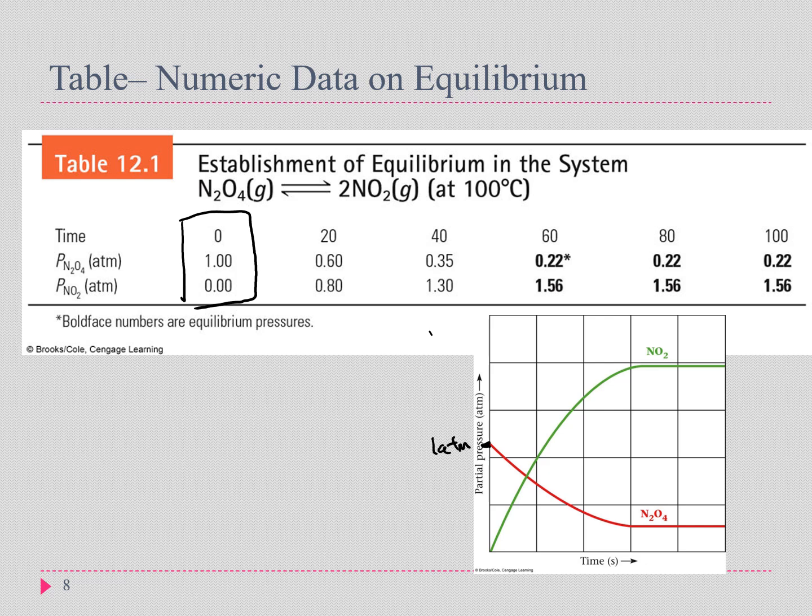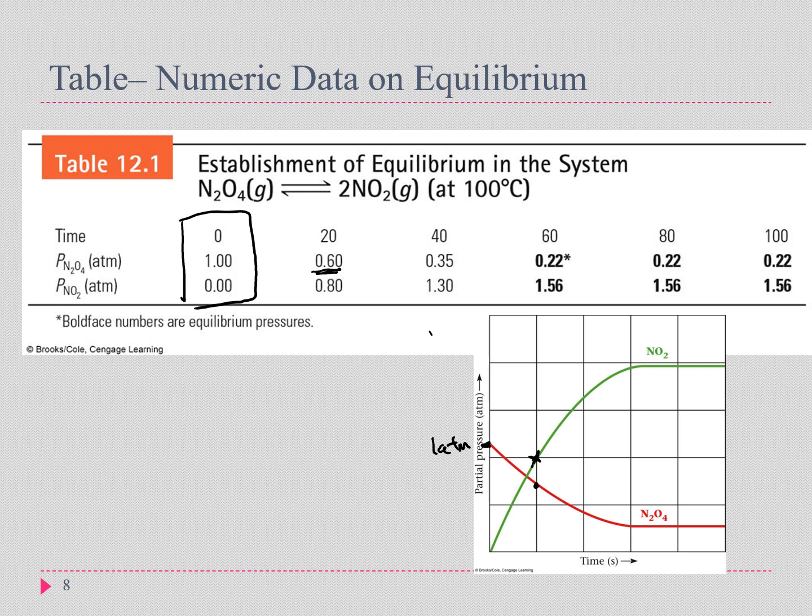After, say, 20 seconds, notice that we've dropped down to 0.6 atmospheres. At the same time, the pressure of our NO2 has increased up to 0.8. We'll give it a little X there.